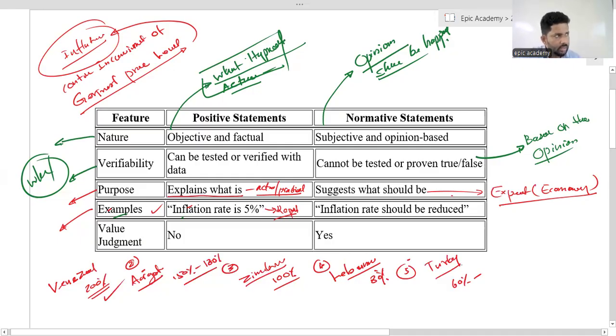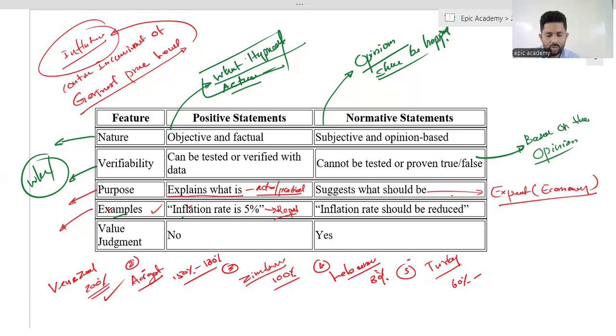Other notable countries like Sudan, Suriname, Iran also represent a high level of inflation rate in the world. Okay. Basically, we have to think about Venezuela, Argentina, Zimbabwe, Syria, South Sudan, Palestine, Turkey, Iran, Nigeria.